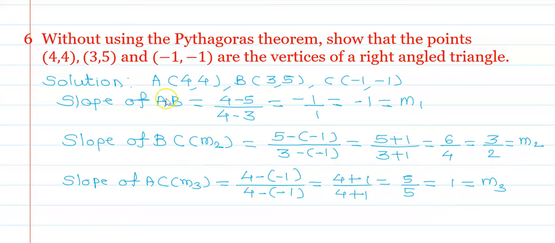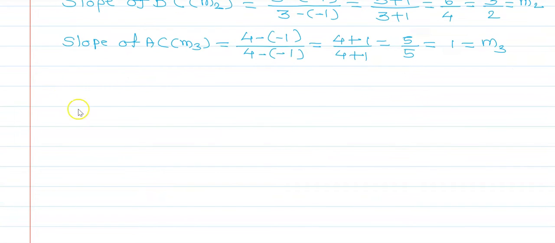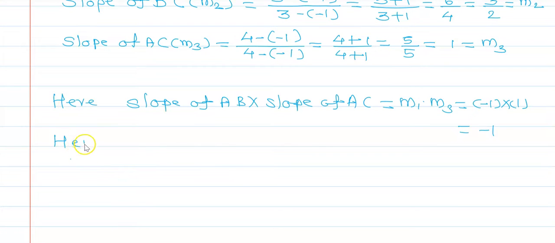and both of them have the point A in common. Hence AC is perpendicular to AB.